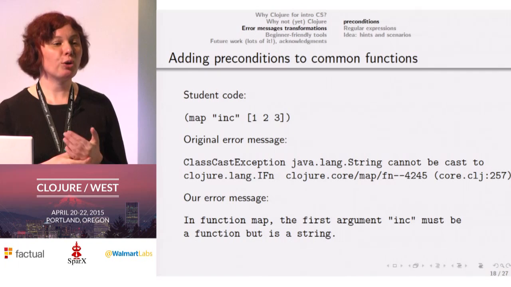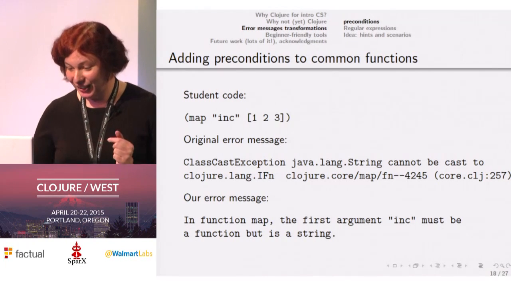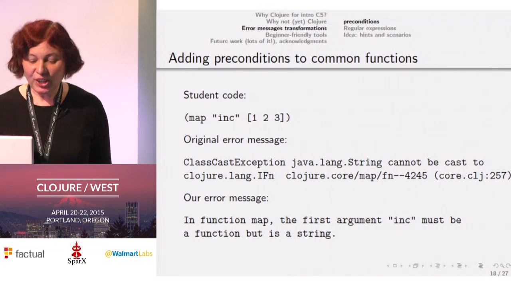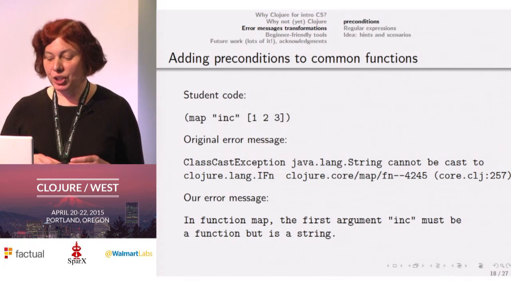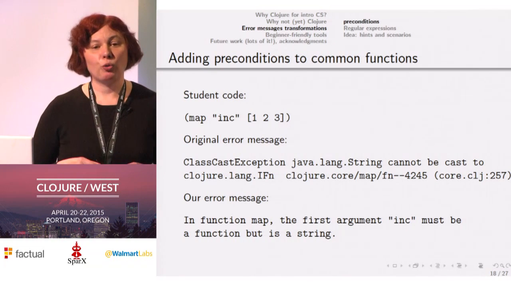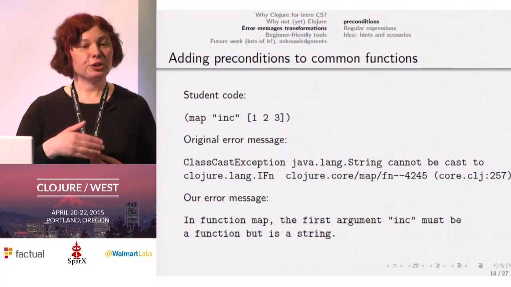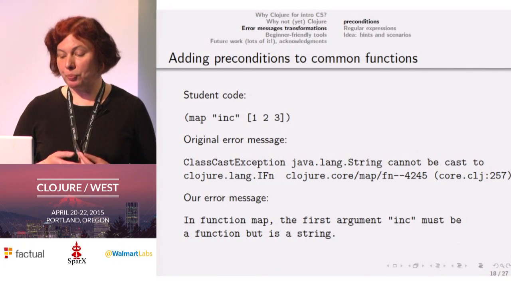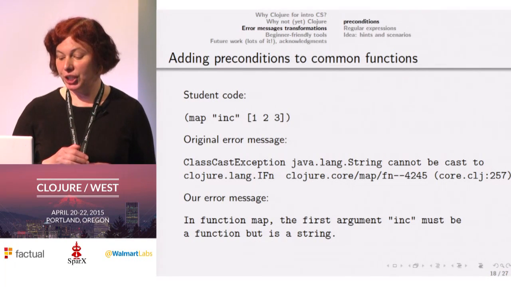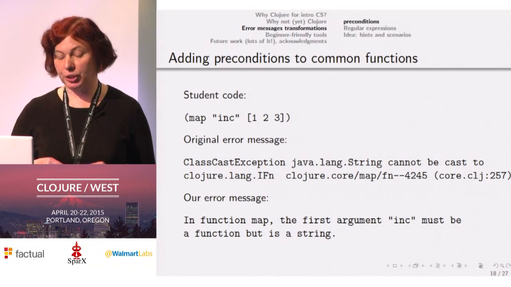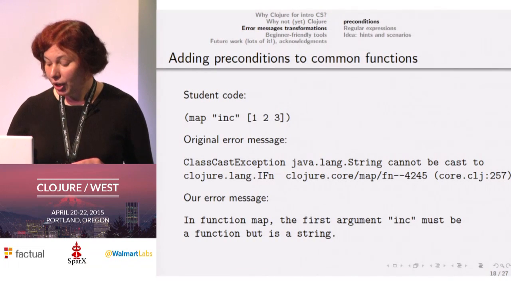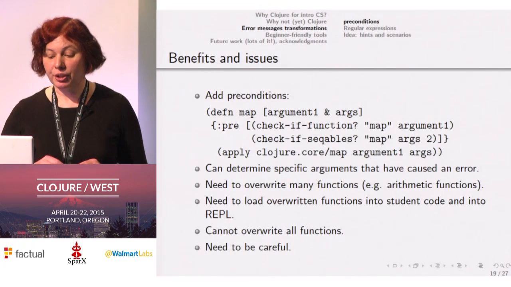No. So what we do here is we actually tell them that the first argument of map, and we show what that is, must be a function but is a string.